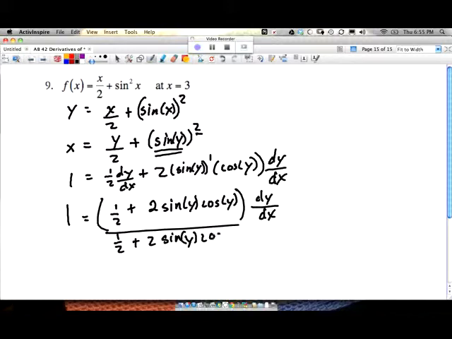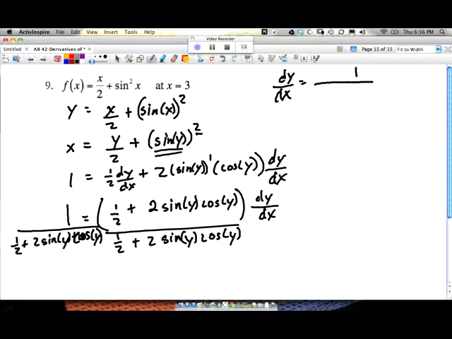Dy dx equals 1 over 1/2 plus 2 sine y cosine y. Excellent.